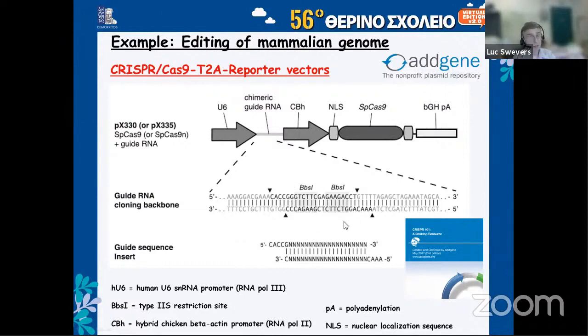And this can be accomplished by restriction digestion. You can cut out a specific sequence downstream of the RNA polymerase 3 promoter, and then insert the primer sequence that you desire, and then you are ready to go to perform the genome editing experiments in, let's for instance say, mammalian cell lines.